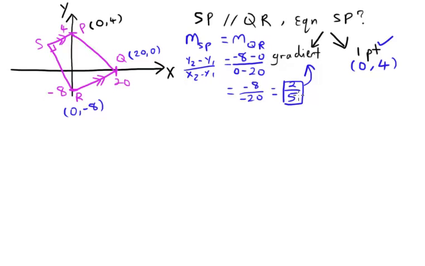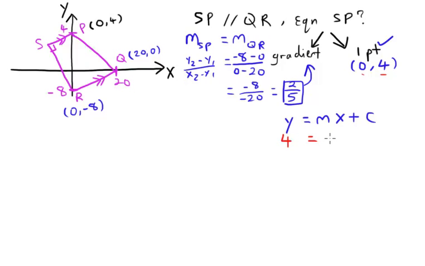So now you have the gradient, you have the point. Therefore, could you find the equation? Yes. y equals mx plus c, right? So what's your point? (0, 4). So y is 4. What's your m?